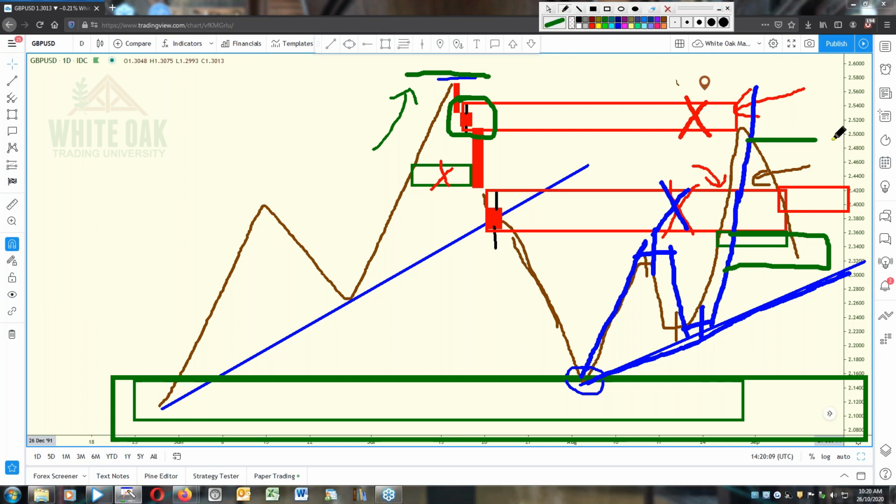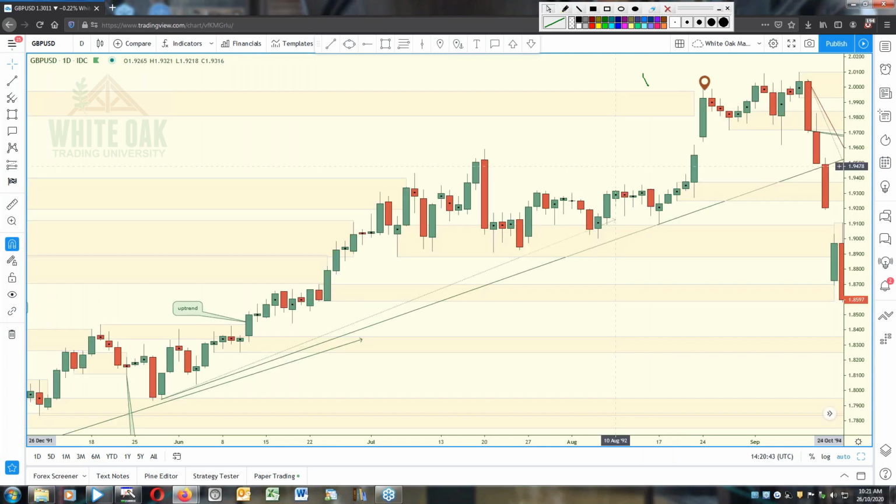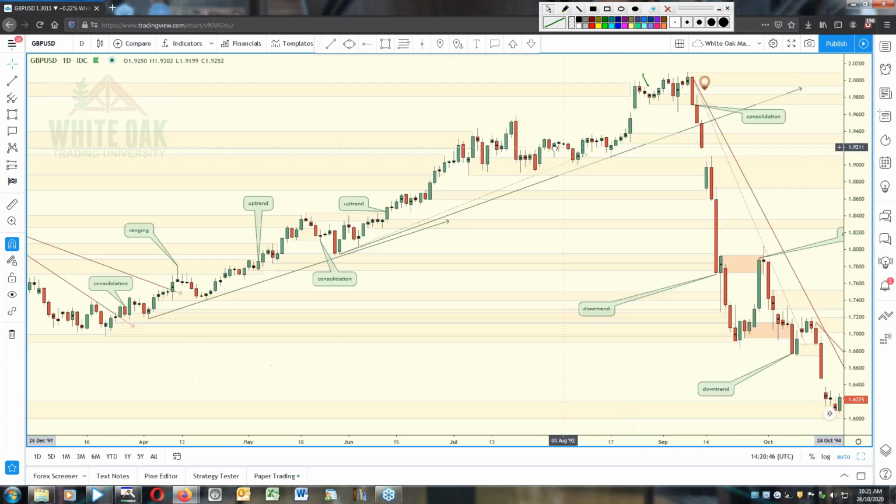Once that's taken out, in my book, now we have an uptrend, and I would expect that. Why? Because that was the first supply that kept price down. 98% of the time that works, but there's 2% of the time where it doesn't work.